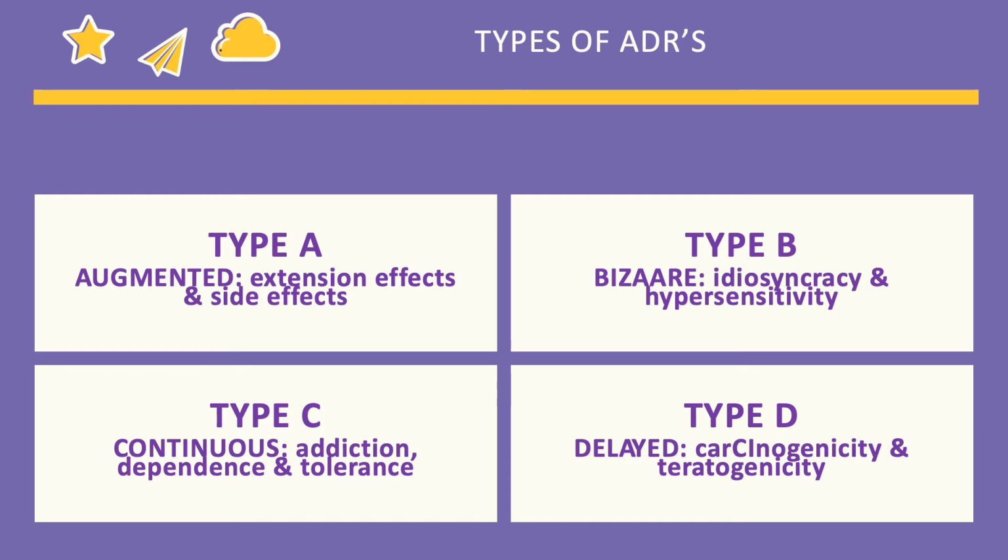Idiosyncrasy, or idiosyncratic reaction, refers to genetically determined reactions. These are rare, abnormal, undesirable, and unexpected genetically determined drug effects. There's no mechanism of action.